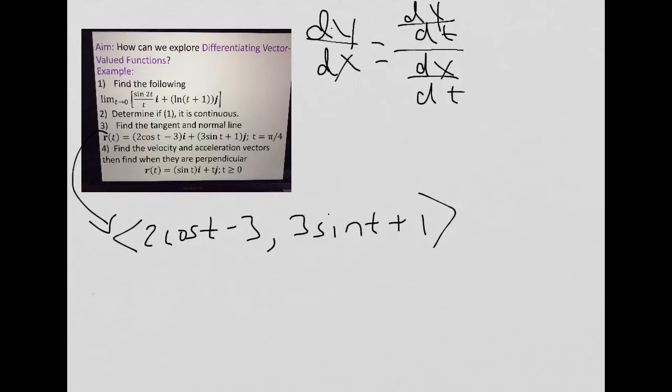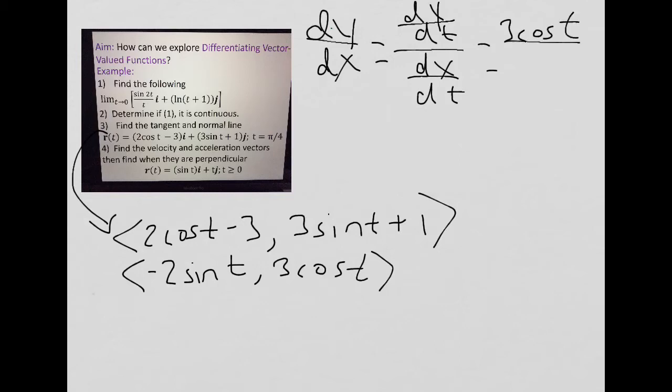Okay, so this is super important for when you have to find the slope of the tangent line, especially at a point. So we're going to take the derivative of each. Make sure you study your derivative rules. Okay, and now if we put one over the other, make sure you have it in the right place. Okay, we end up with this expression.